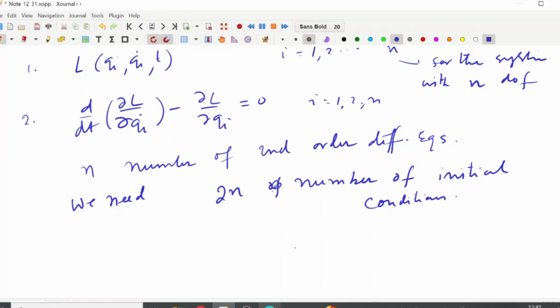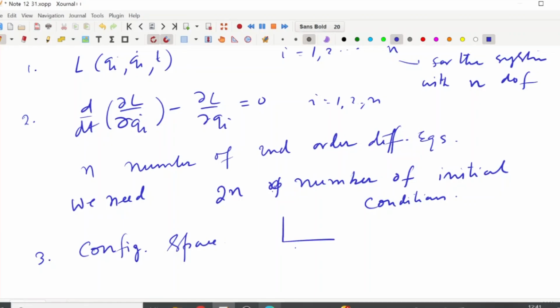Third important point: we have configuration space. In the Lagrangian formulation we have configuration space, which is nothing but the space spanned by all the generalized coordinates. All generalized coordinates are along mutually perpendicular directions, and if you can imagine such a space, that is known as configuration space.